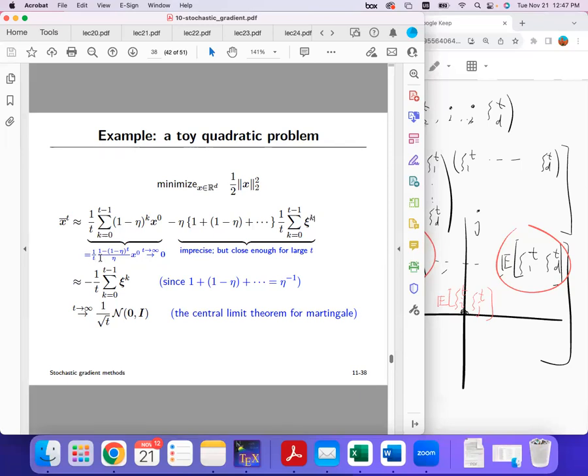So the entire first term converges to 0 as t goes to infinity. For the second term, as t goes to infinity, it will roughly become the negative average of all the noise terms.